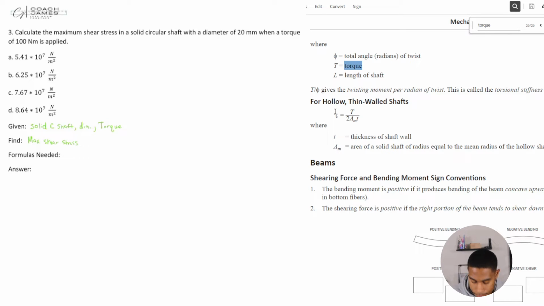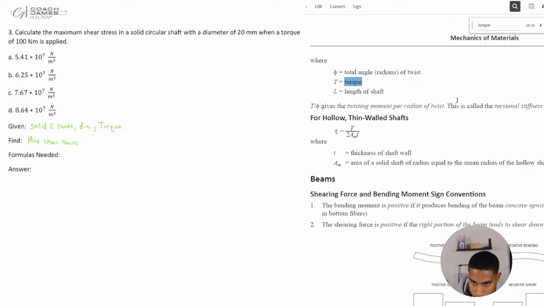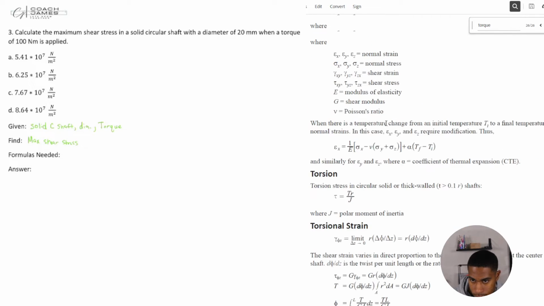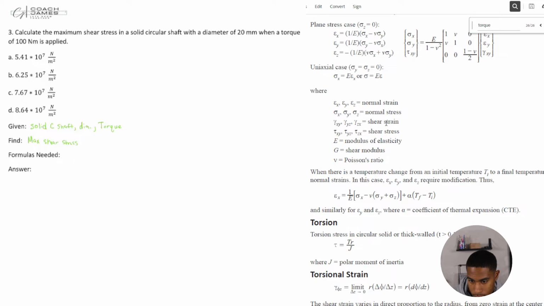We got T. This is a circular solid shaft. So this is a hollow, thin walled shaft. So maybe a circular.